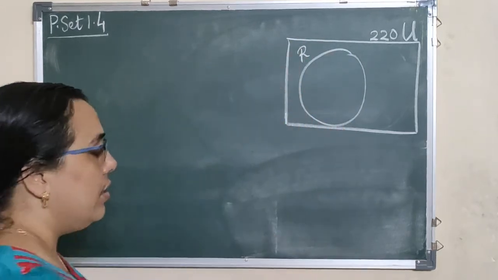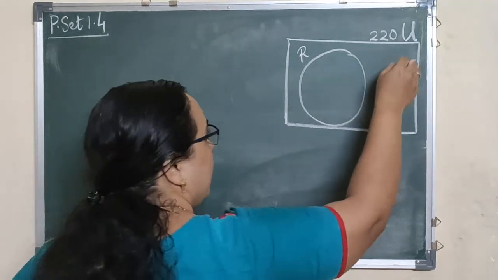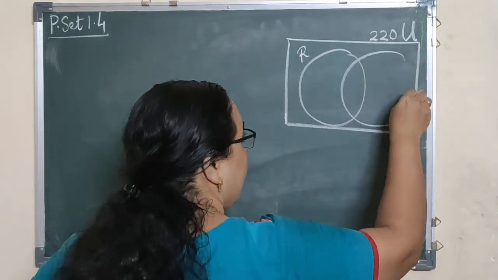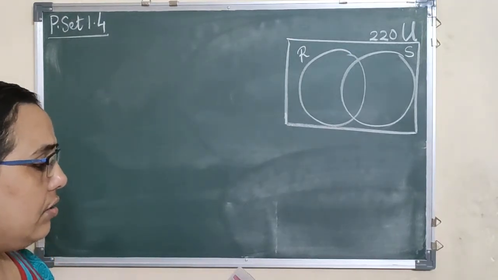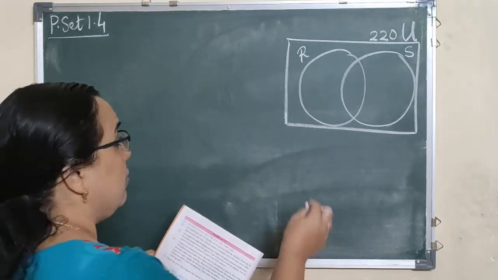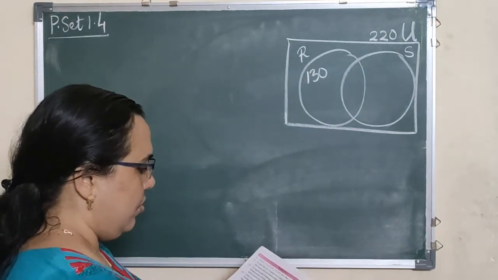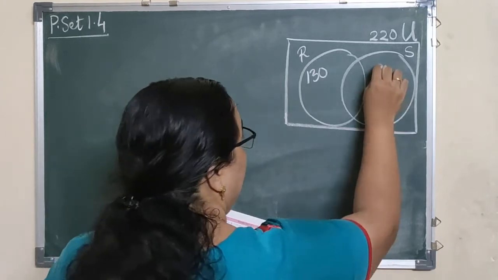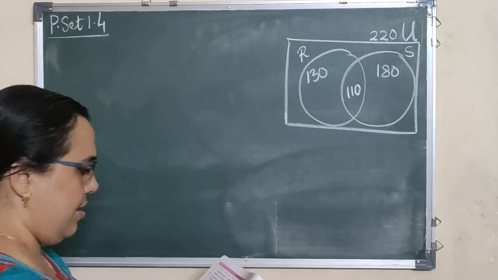Then sky watching, so S. Got it? Then here it is 130. Here it is 180. And here it is 110.